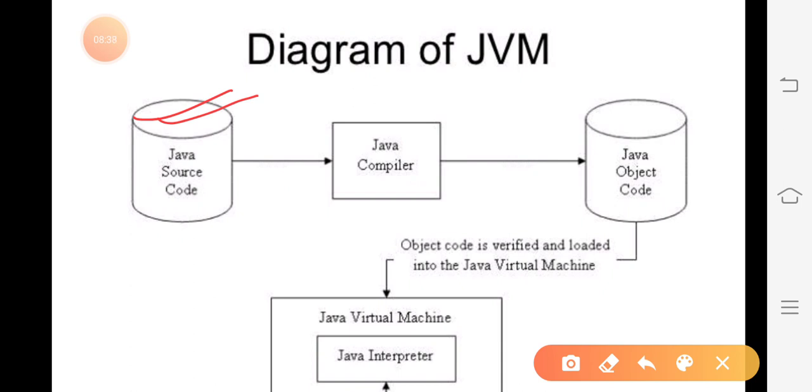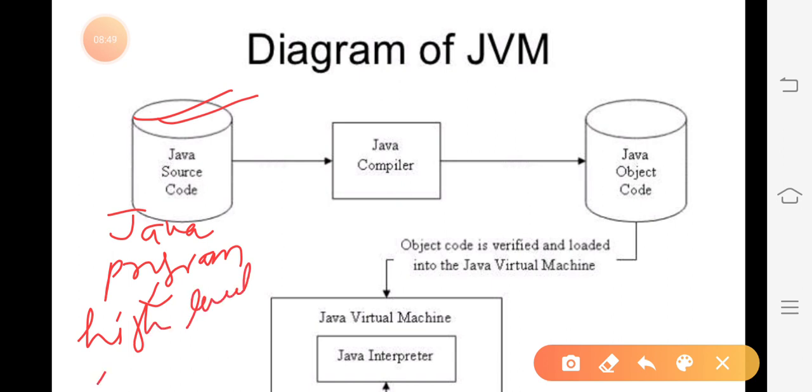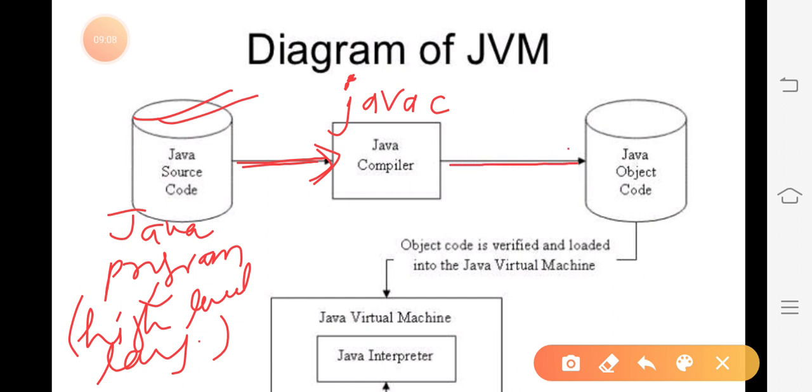So Java source code means Java program, that means in the high level language, you can say it as high level language, that will get passed to the compiler, Java compiler known as javac, Java compiler. ठीक है, आपने एक प्रोग्राम लिखा जिसको हम बोलते हैं क्या, सोर्स कोड, that will get passed on to the Java compiler. When you will pass it, so it will produce a .class file. ठीक है, this Java object code, this is actually what, .class file.